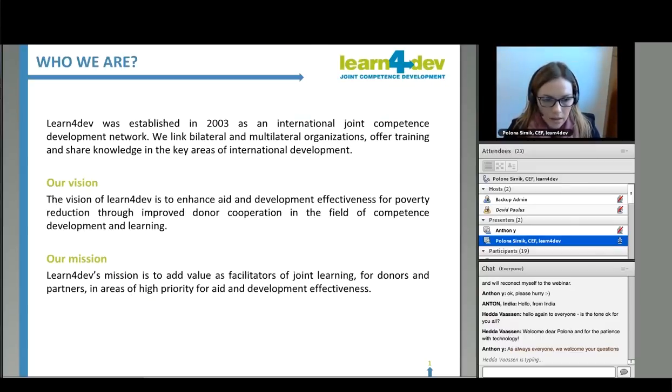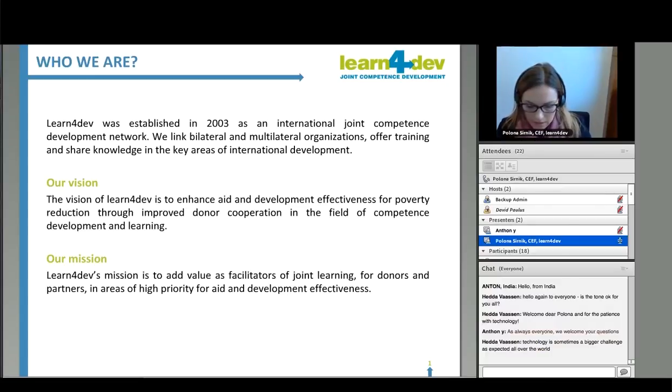So Learn for Dev stands for Learning for Development. As mentioned, member organizations are donor organizations that cooperate through the network in joint competence development and learning of their staff, all with the aim to improve aid and development effectiveness.